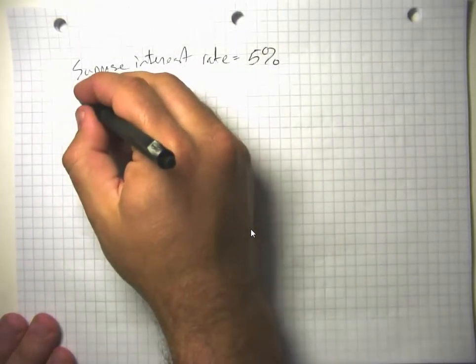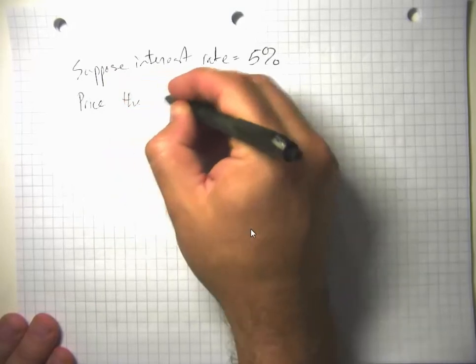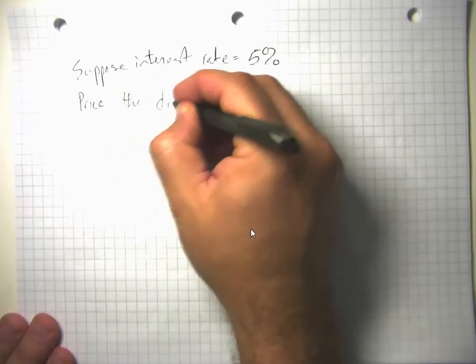We can actually use that to price the different types of land.